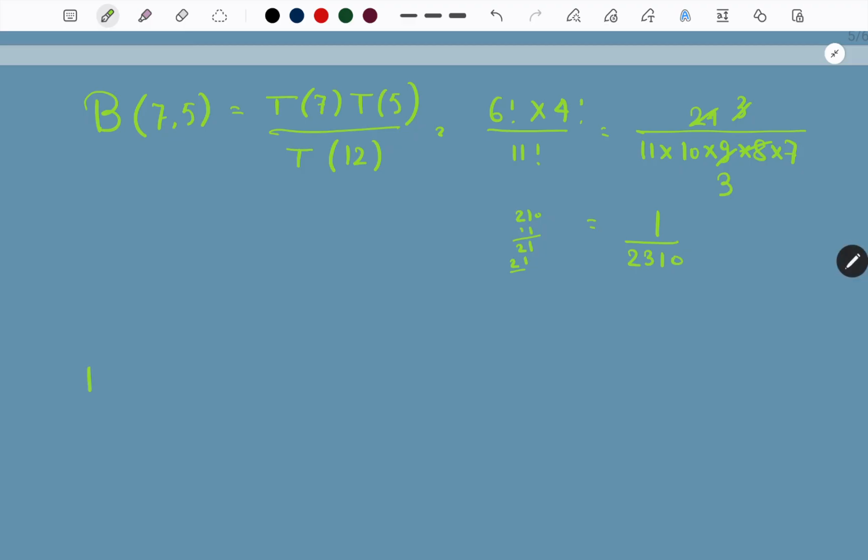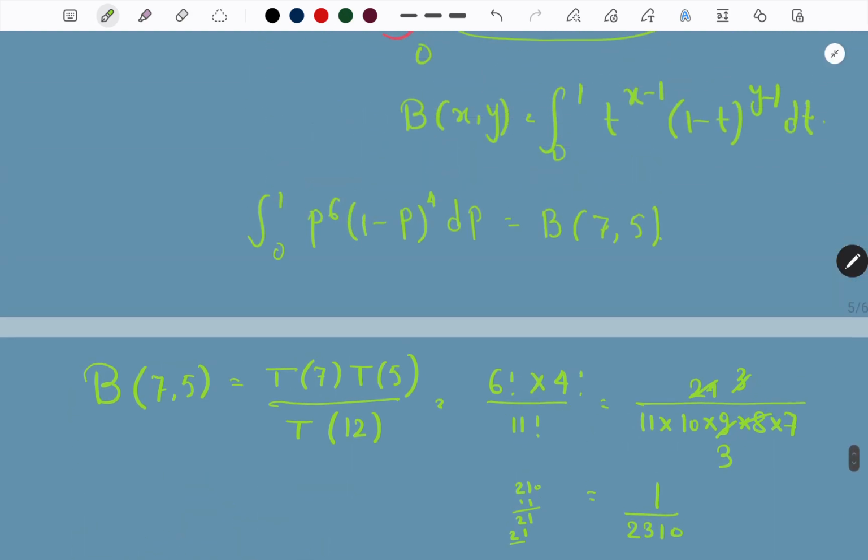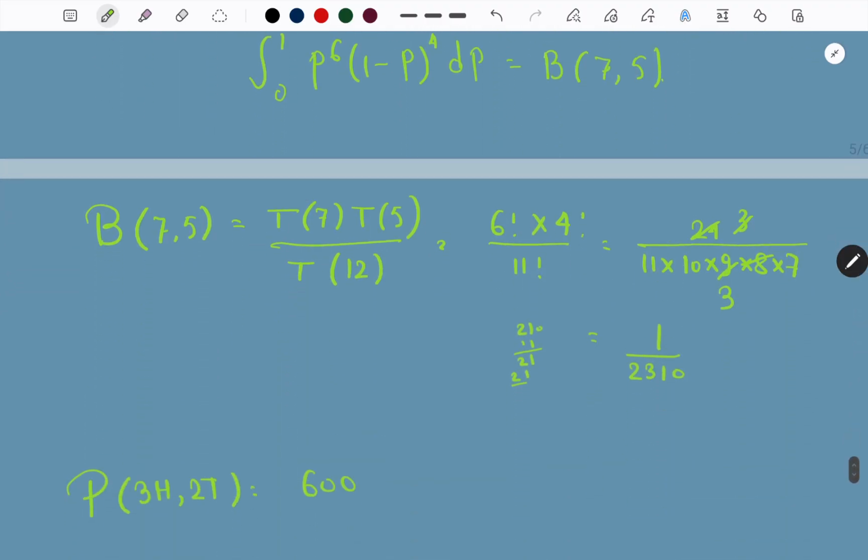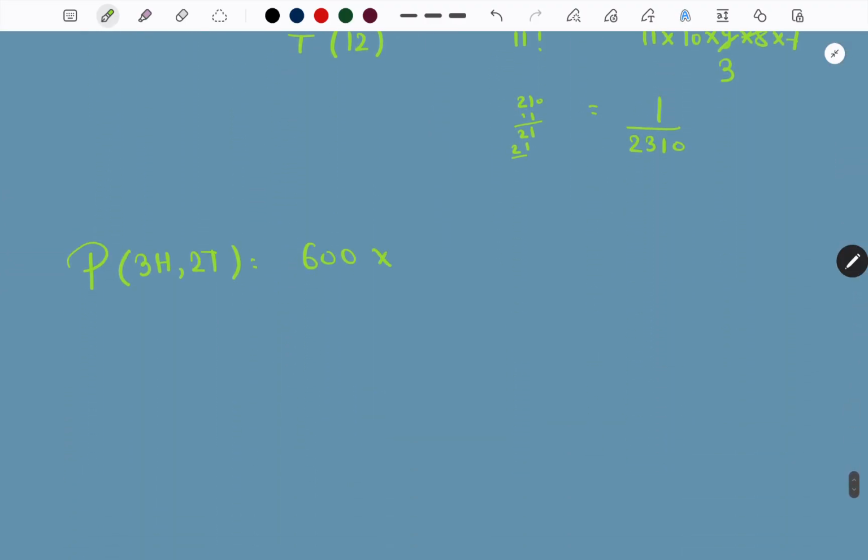And hence the probability of getting 3 heads and 2 tails when the coin is biased will be equal to 600, and its value is 1 by 2310. So 600 into 1 by 2310.